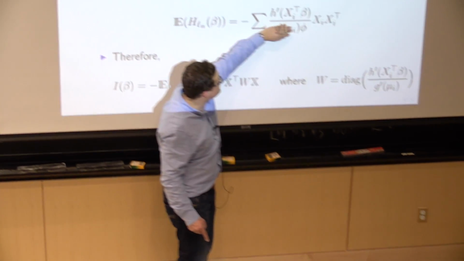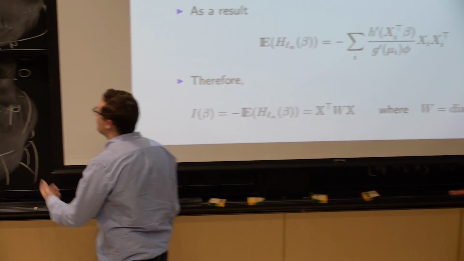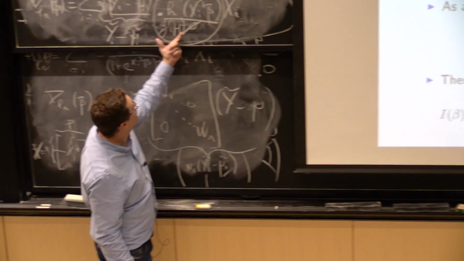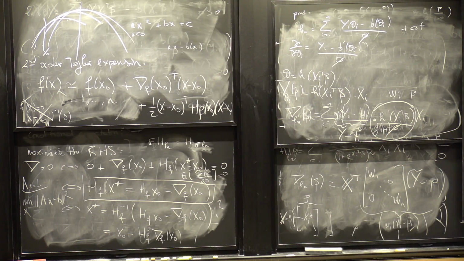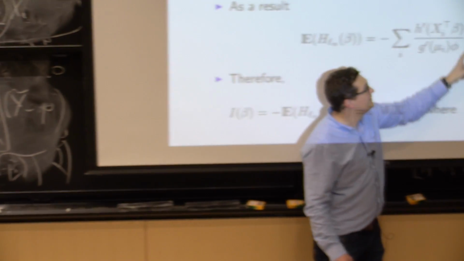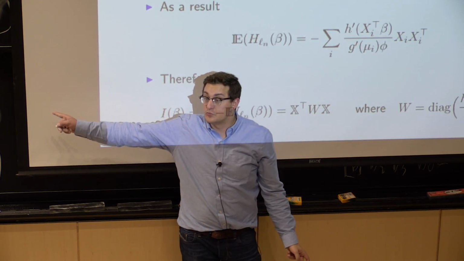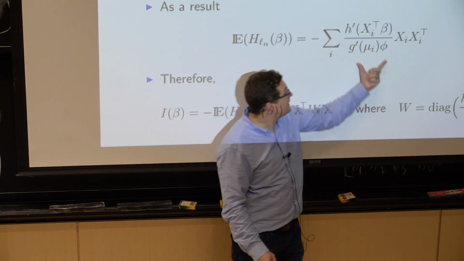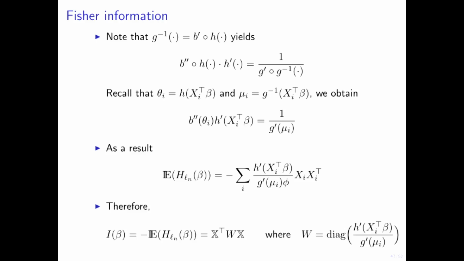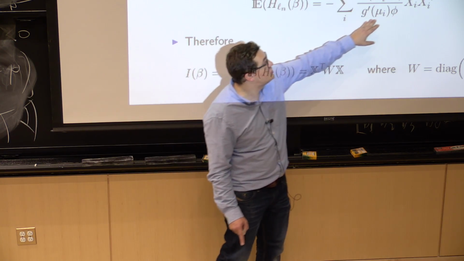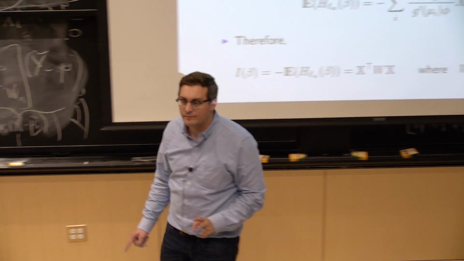So if I did not put the g prime in the w that I put here, completely artificially, I would not be able to call this guy w_i, which is exactly what it is from this board. And now that this guy is w_i, I can write this thing here as x transpose w x. And that's why I really wanted my w to have this g prime of mu_i in the denominator.